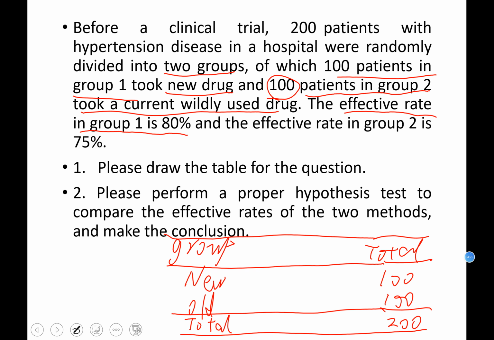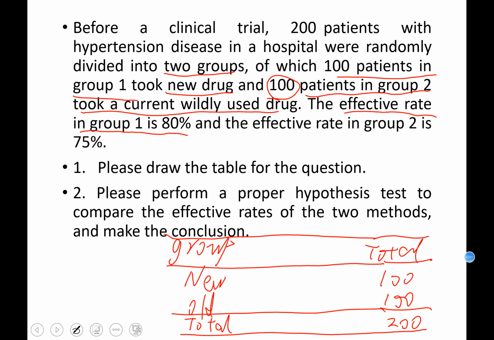That means the ratio of the patients who are cured or who are effective in group 1 is equal to 80%. So that means the number of cured patients divided by the total number in group 1 equals 80%. And we already know that there are 100 patients in group 1, the new drug group.